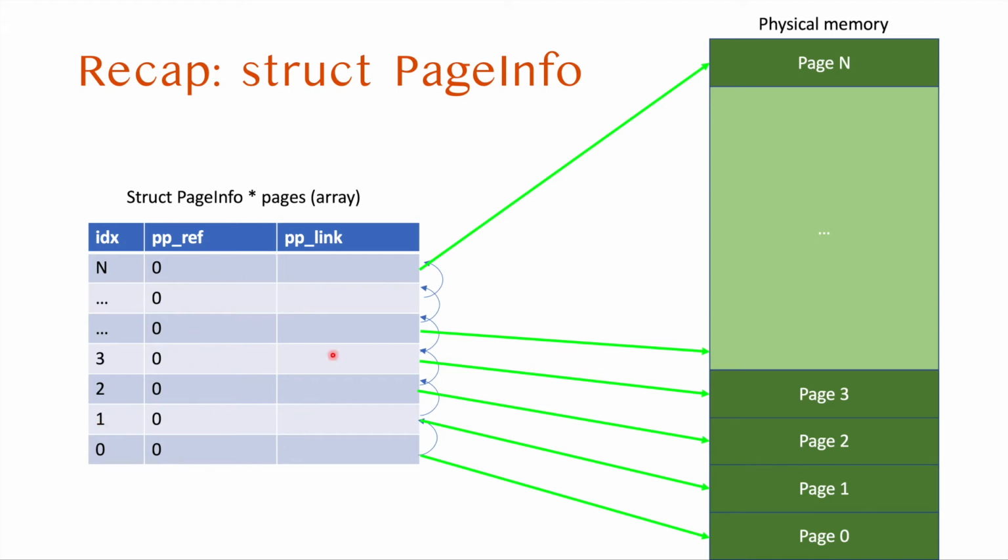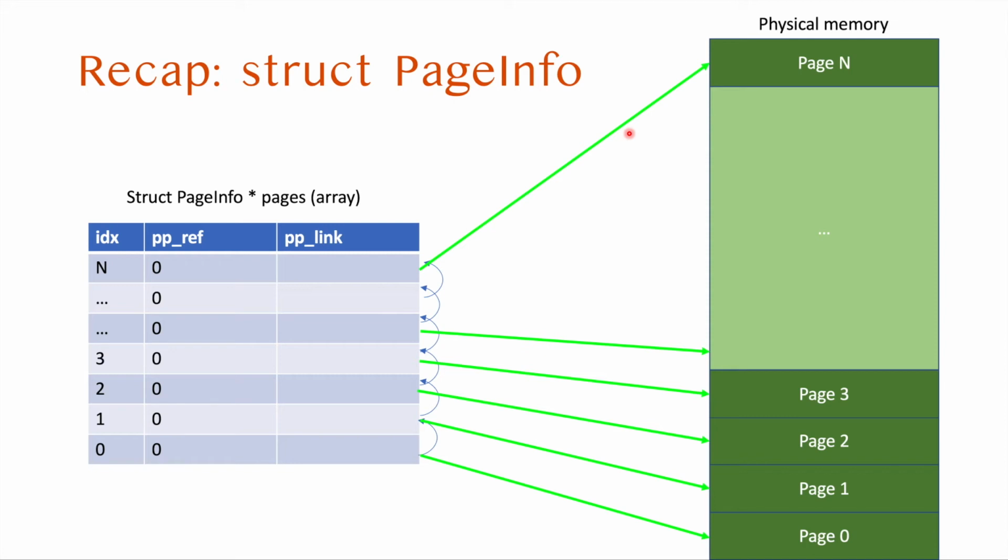This pages array virtually manages each physical page. For example, the struct PageInfo at index 0 manages physical page 0, index 1 manages physical page 1, index 3 manages physical page 3, and index n maps to physical page n, like these green arrows.